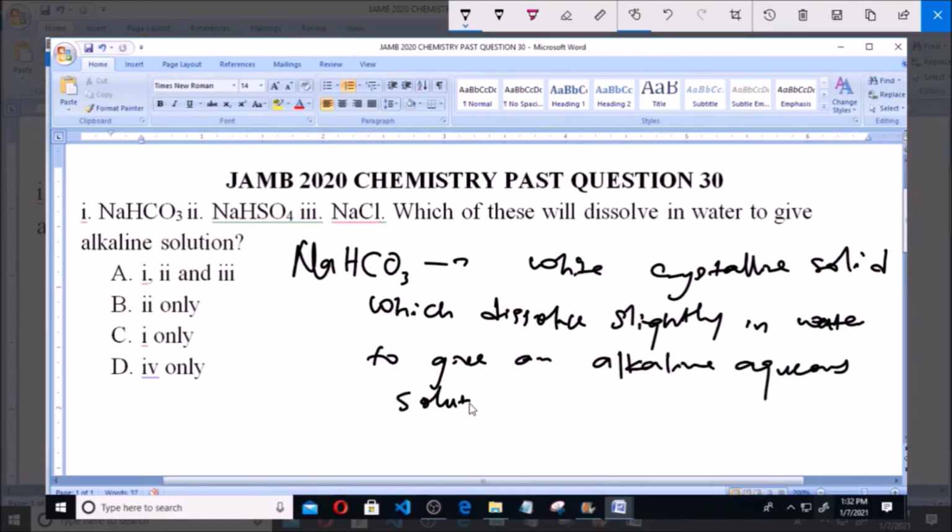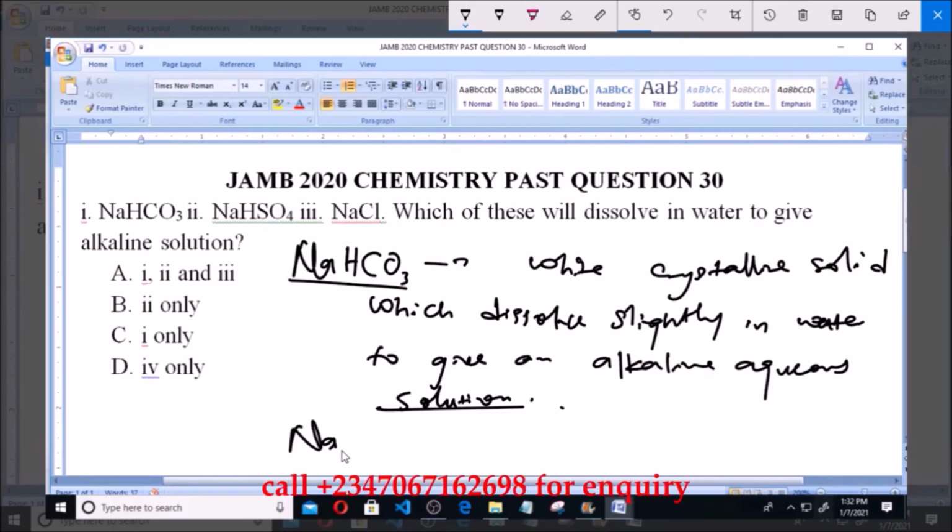Now this alkaline aqueous solution is due to hydrolysis. Now due to hydrolysis of sodium Hydrogentrioxocarbonate 4, when added to water, it will form what we call sodium hydroxide in water, forming an alkaline aqueous solution.